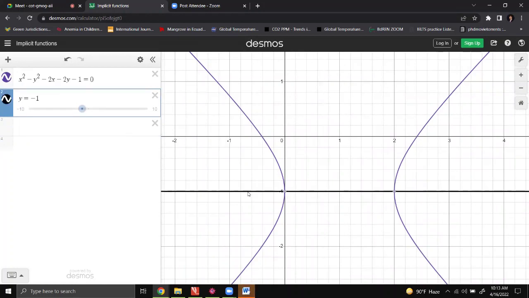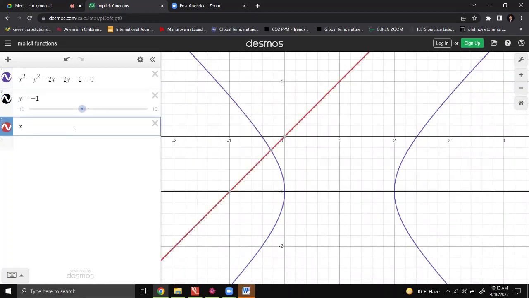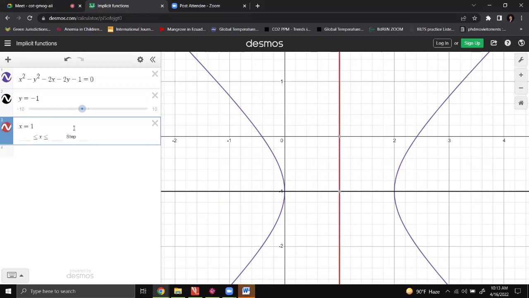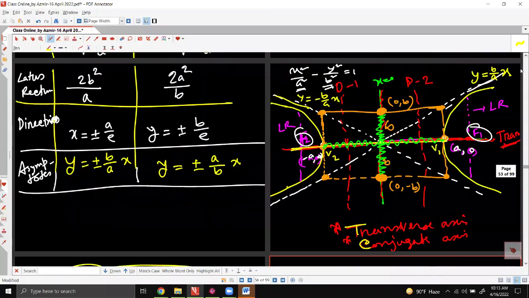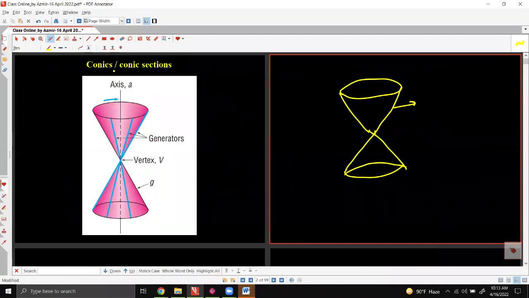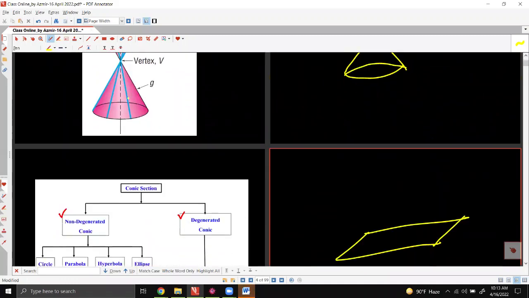You can see this is the transverse axis, and x equals 1 will be the conjugate axis. Okay, so this is how we can analyze a conic. So these are the cases that we have to learn from conic sections.